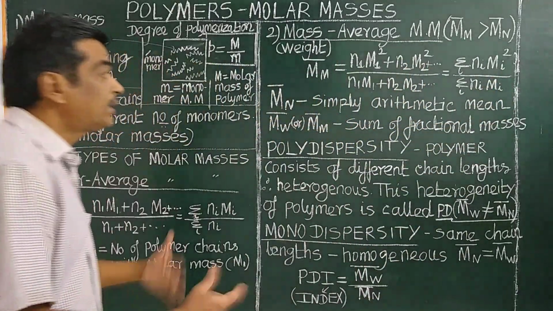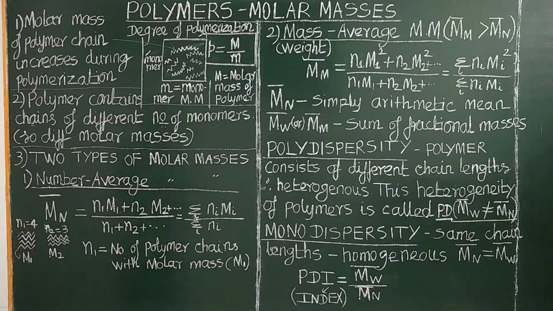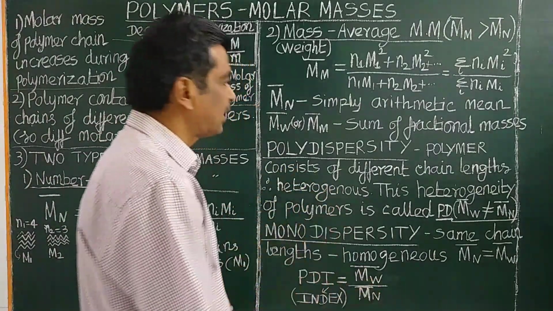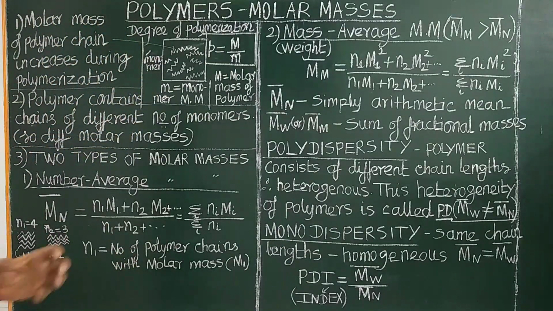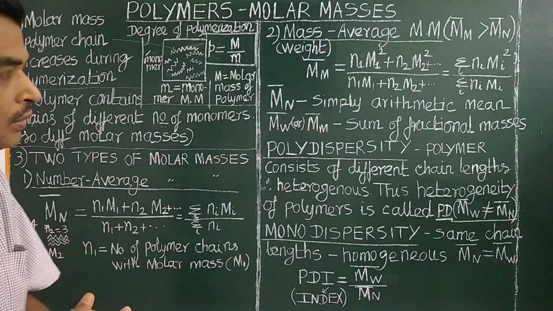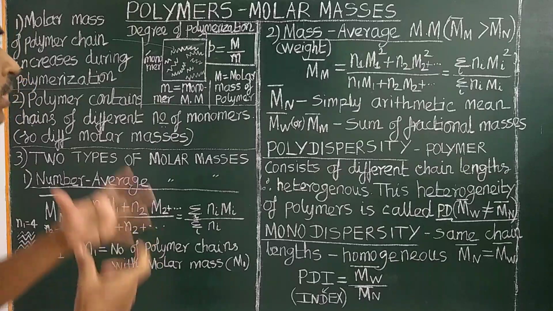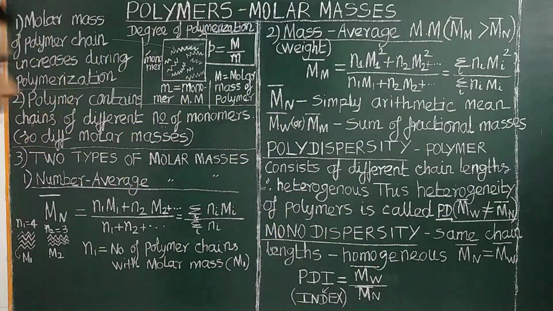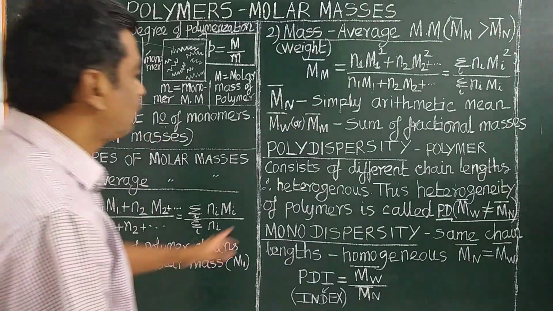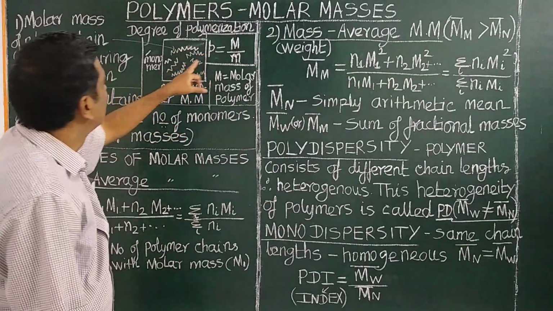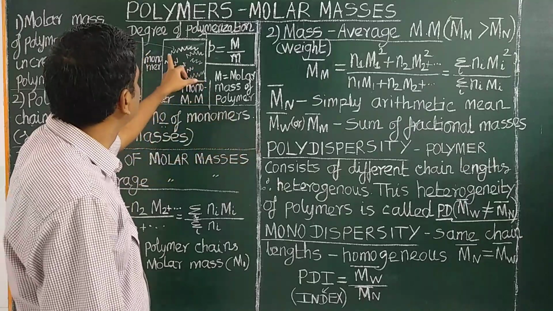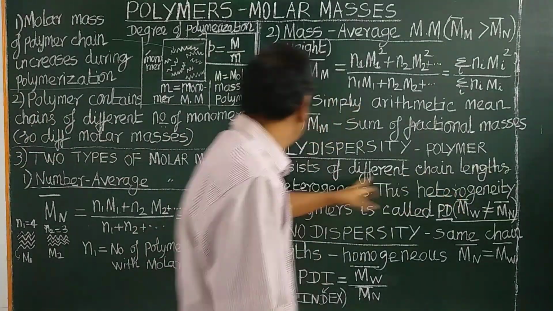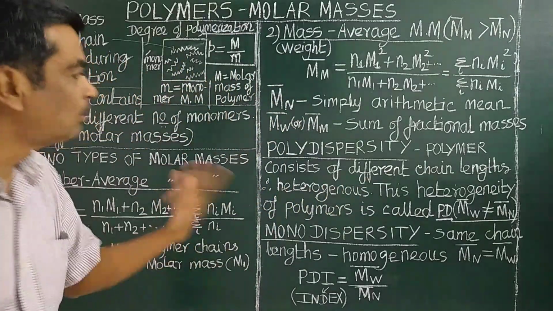Okay. Now, what is polydispersity? This is a characteristic of polymer sample. Whereas if you take a pure protein solution, it will be homogeneous, it will be monodisperse. Here, as we are seeing, the polymer sample consists of different chain lengths and of different molar masses.